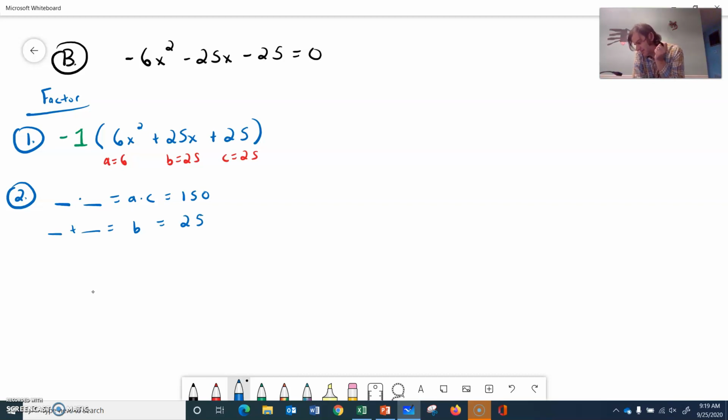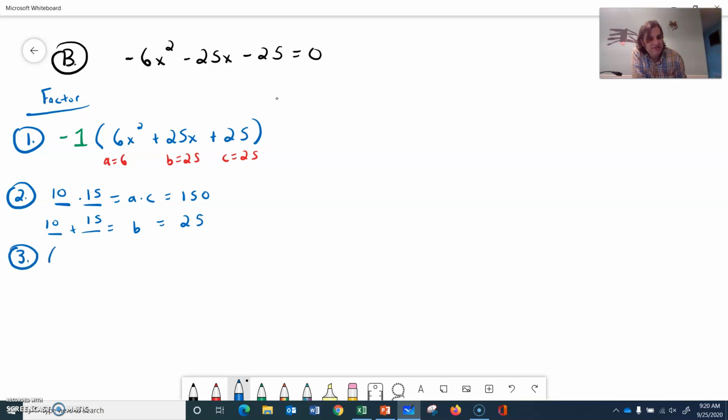I have it written down correctly, so let's see. 3 and 50, no. 4 and something. Let me pause and do a little bit of investigation here. You might see it. Well, I feel a little silly. It was two easy numbers, 10 and 15. Maybe you saw that way before I did. But a little trial and error would get us there. I just didn't want to waste a lot of time in the video if it took me a while.